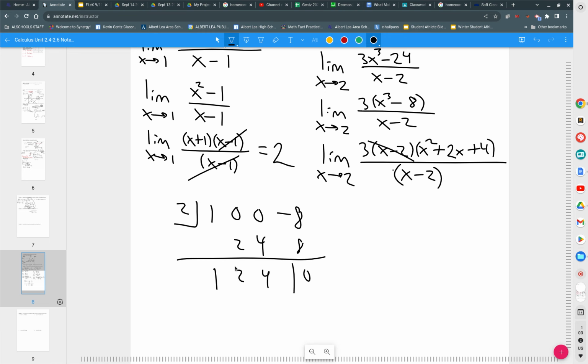Notice how those reduce. What do I do at this point? Just plug in 2. 2 squared is 4, plus 4 is 8, plus 4 is 12, times 3 is 36. We've determined the slope.